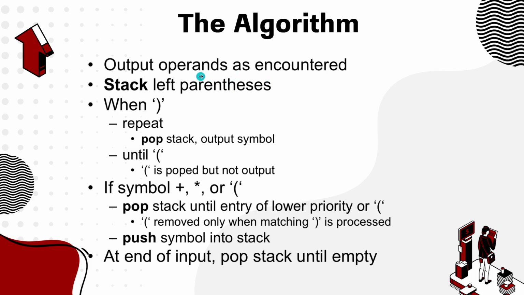If we encounter an operand, we will just place the operand into the output. If we encounter a left parenthesis, then we have to push that onto the stack. When we encounter a closing symbol, we have to pop entries out of the stack till we encounter an opening symbol. And if we have some operators with us, then we have to check the priority of the operators. As I said before, if the input operator's precedence is more, then we can push the input operator onto the stack.